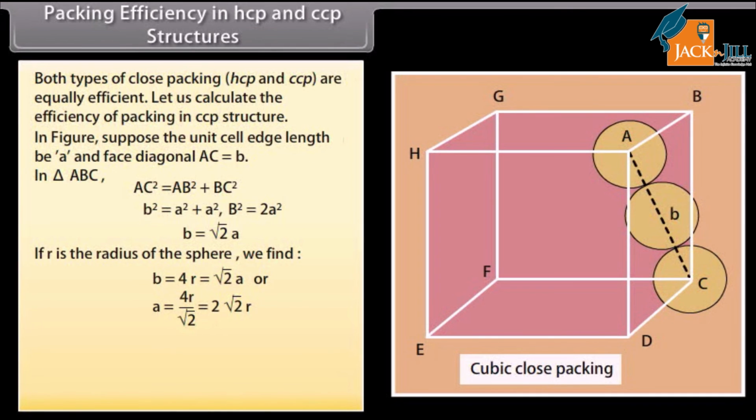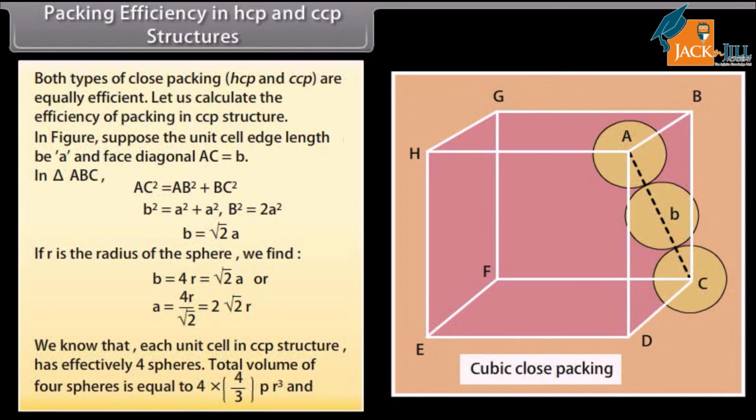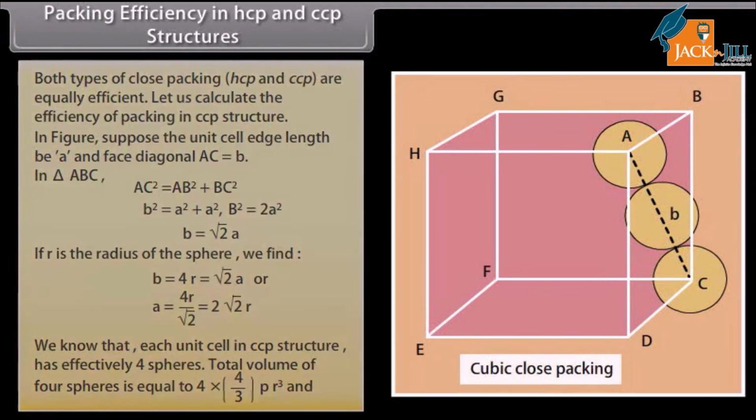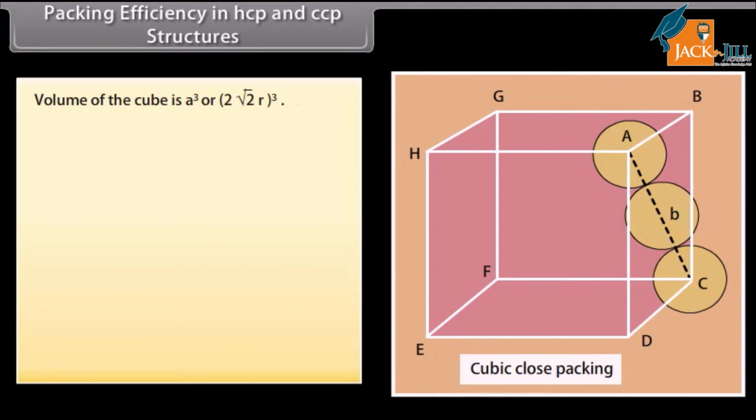We know that each unit cell in CCP structure has effectively 4 spheres. Total volume of the 4 spheres is equal to 4 into 4 upon 3 pi r cube, and volume of the cube is a cube or (2 square root 2 r) cube.